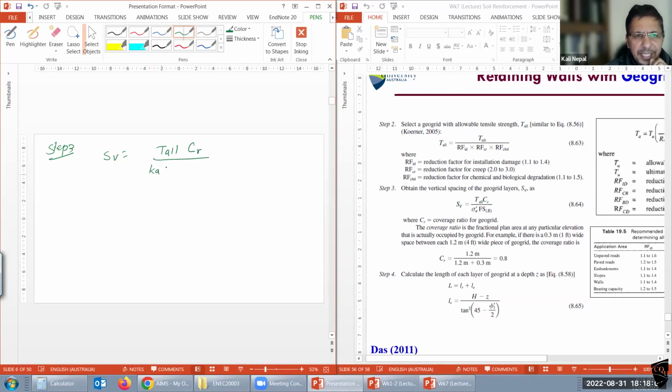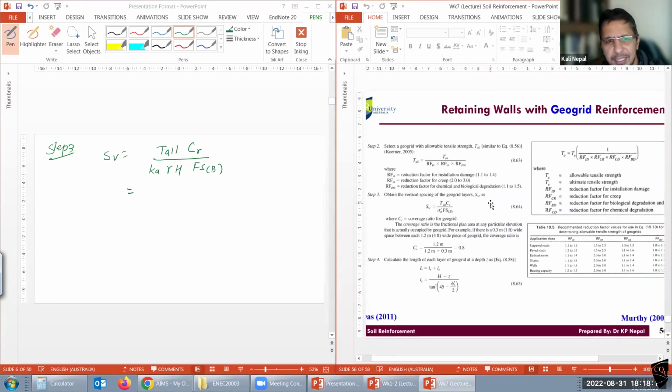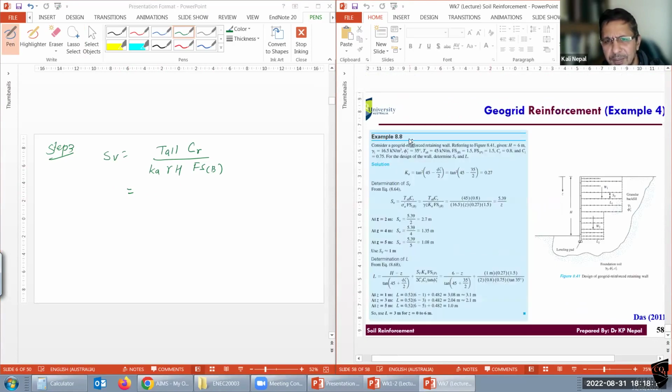So Ka gamma H FSB. That's it. All right, equal to allowable. So I want to check whether allowable is given or we need to calculate it from ultimate. T allowable given, no. T allowable given directly.